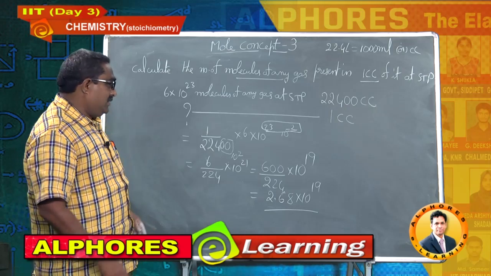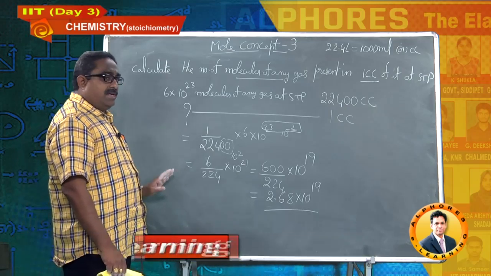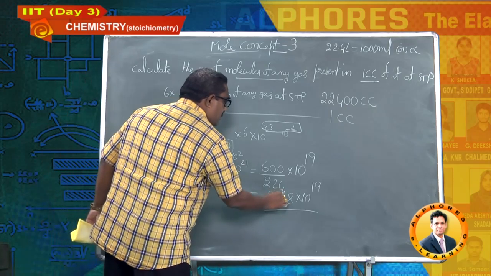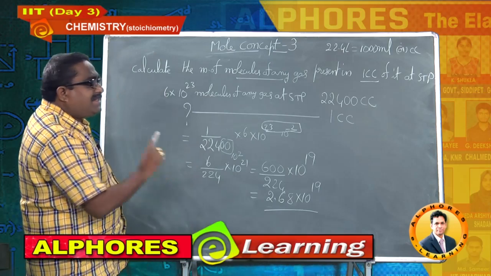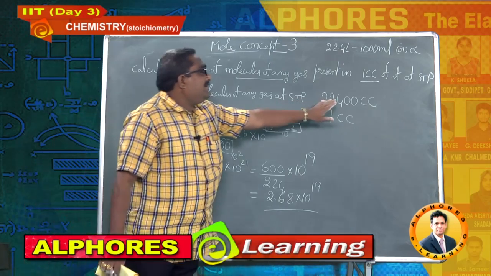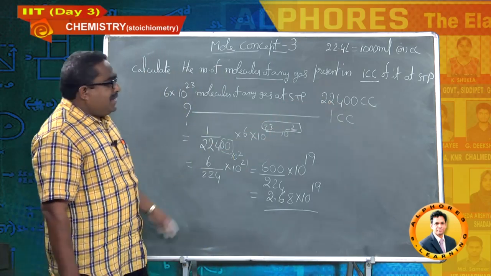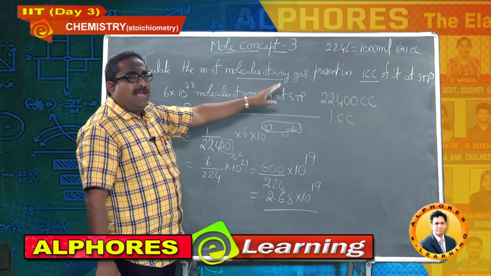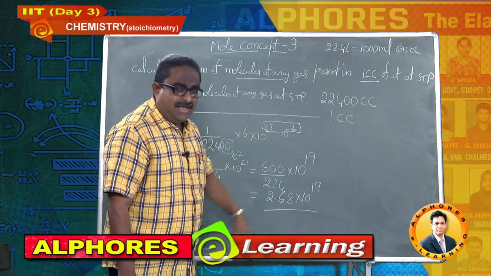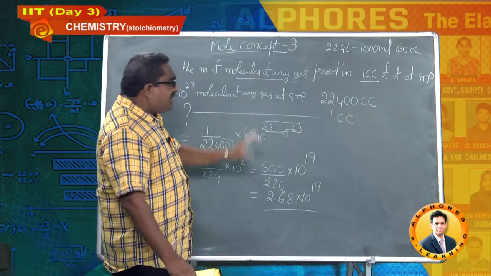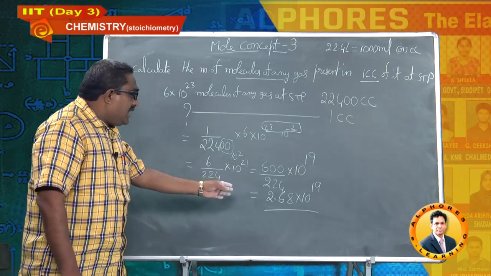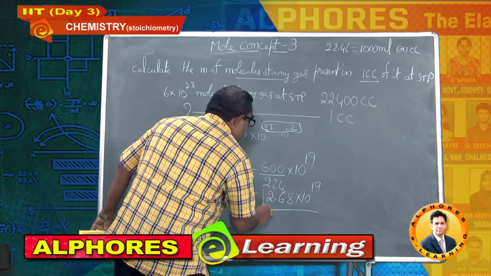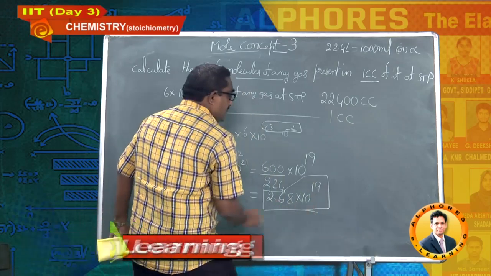Okay, students? I think you have already noted down. And there is a speciality for this number. This is also a constant, just like gram molar volume. Because in the question itself I mentioned, calculate the number of molecules of any gas at STP in 1 cc. So you can generalize this one also, students, and this number is named after a scientist.